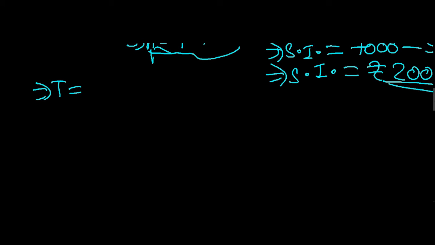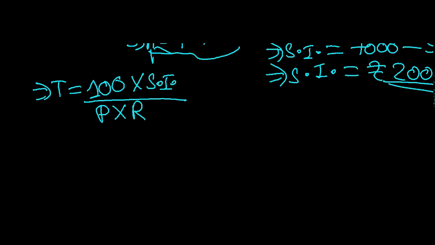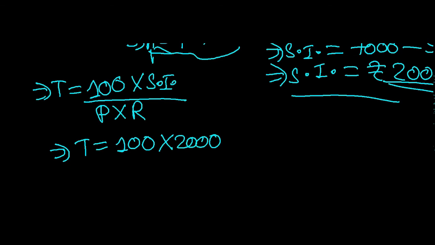When we make T the subject, we write the formula like this: T is equal to 100 into SI by P into R. So T is equal to 100 into 2,000 by P into R. P is 5,000 rupees into R. The rate is 10%.